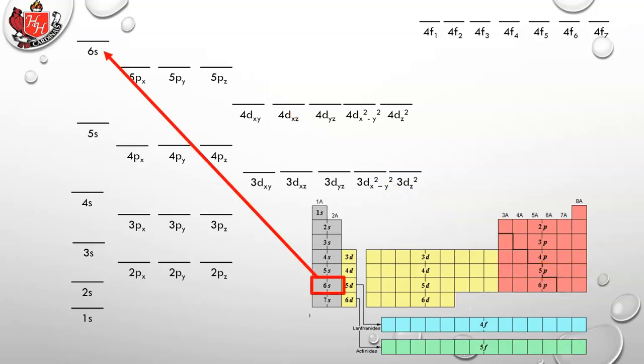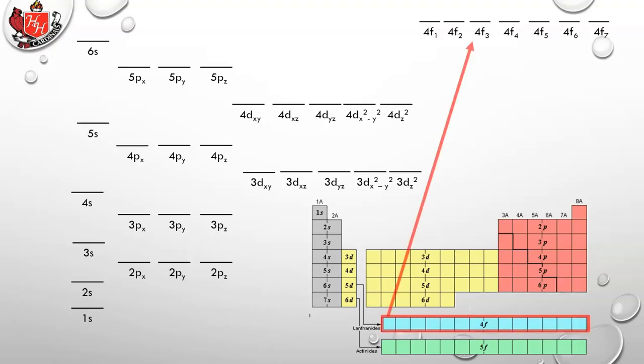And now although one element in the 5d appears first, you really have the 4f after that, and that's this up here. That's the lanthanide series, and there are 7 sections there. Each can hold 2 electrons for a total of 14 electrons.